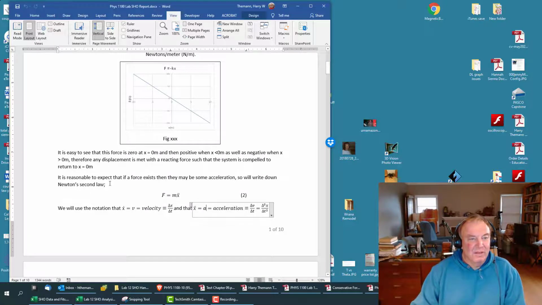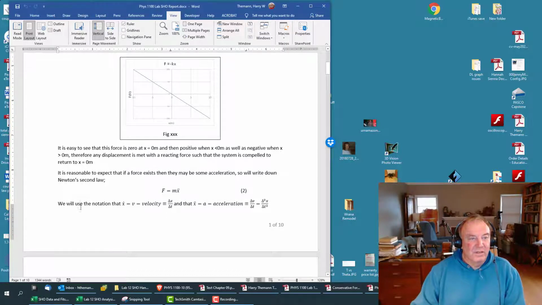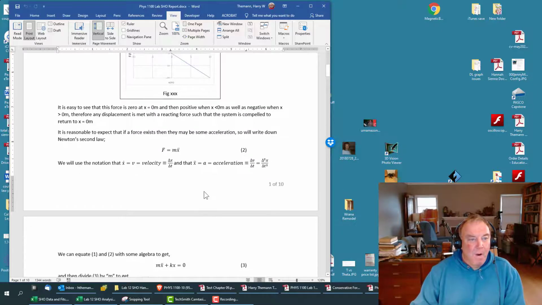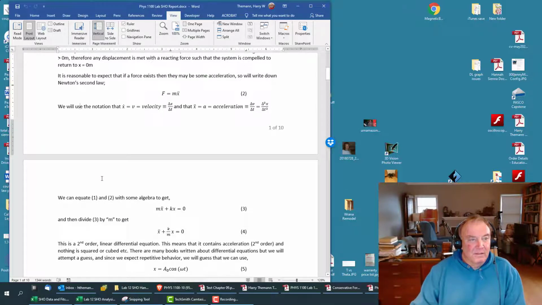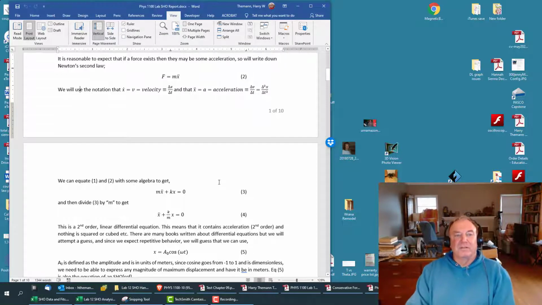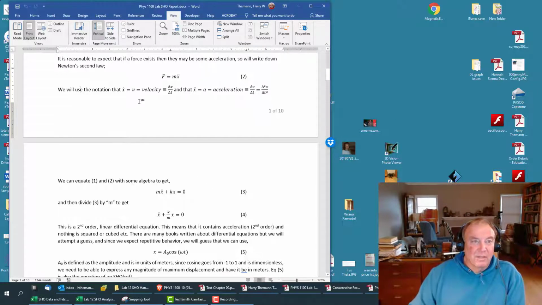So we write Newton's second law, then I explain the notation of x dot and x double dot. And then I do my manipulations. And, I didn't even get involved with if kx was positive, right? So, again, it only works if kx is negative.